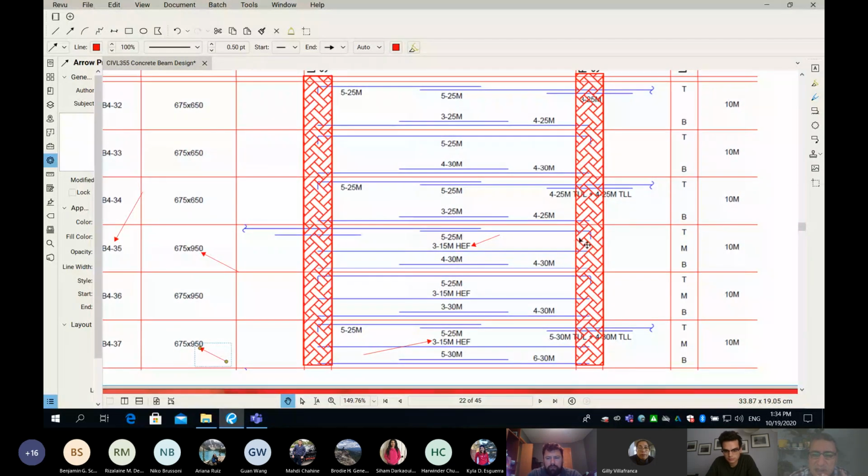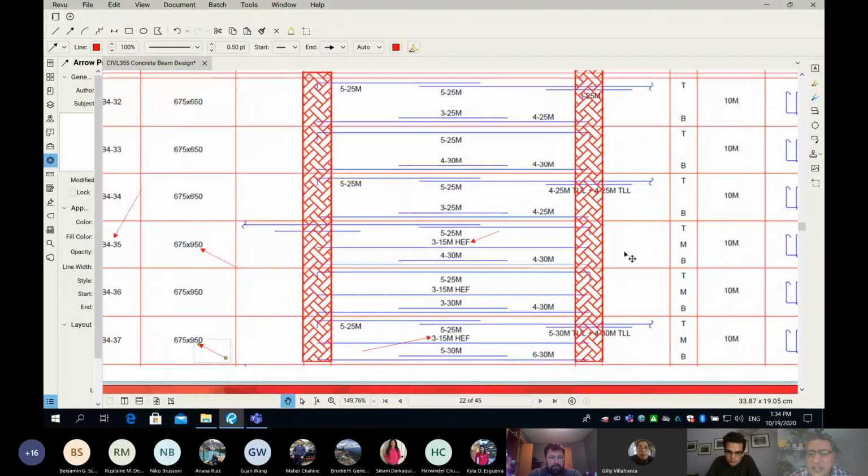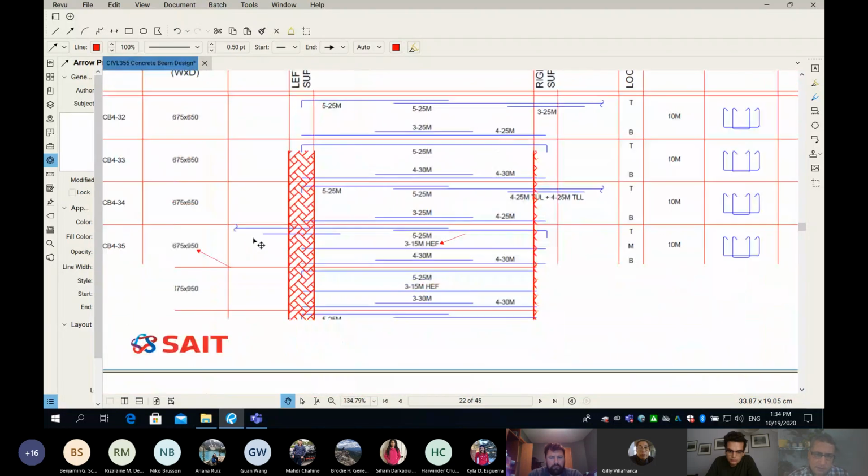Obviously beam 35, look at the right support. Do you see what happens to the top bars? They are bending down because this beam is not continuous. It stops and doesn't have any right span. However, on the left side here, look at the rebar in blue. My rebar is in blue, going on top of the column and continuing to the next span.